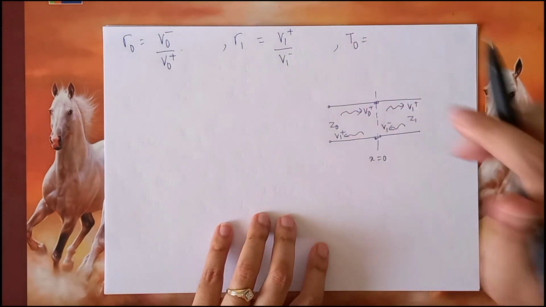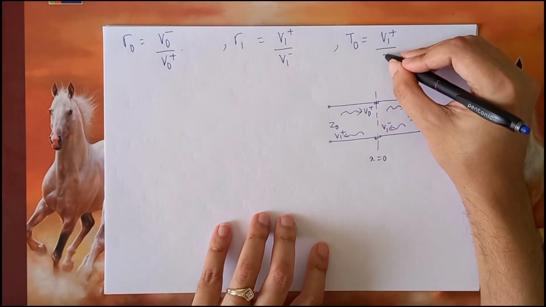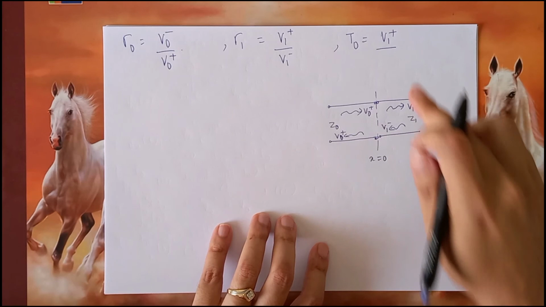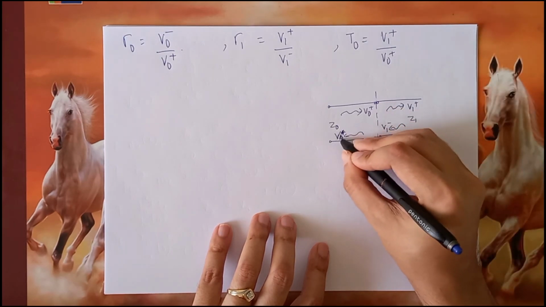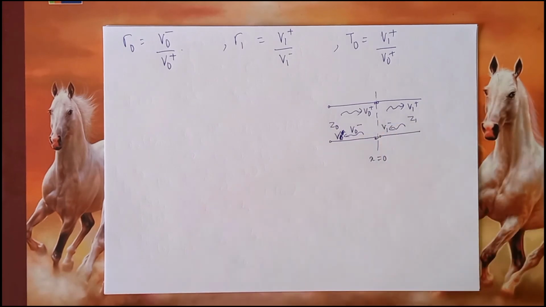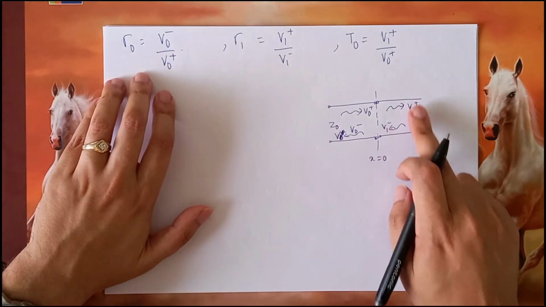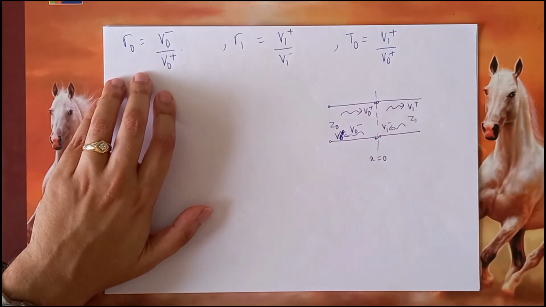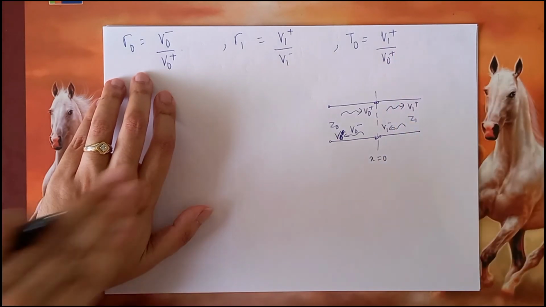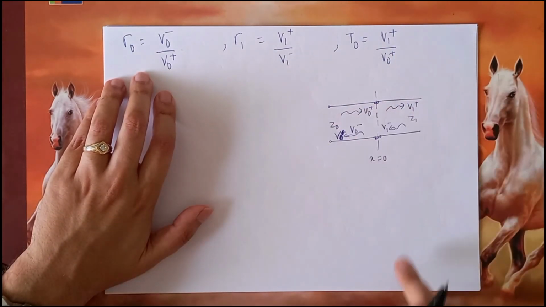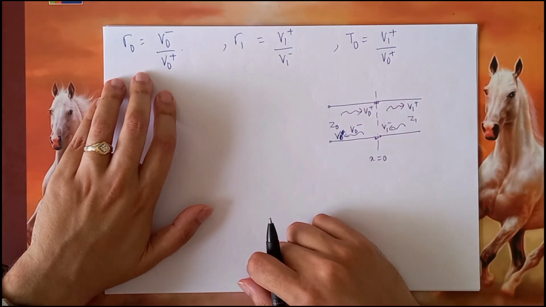So therefore, T0 will be V1 plus divided by V0 plus. Make a note of this: V1 plus, V1 minus, V0 plus and V0 minus. So the transmission coefficient T0 when the wave is trying to go this side, cross the boundary, is V1 plus divided by V0 plus.